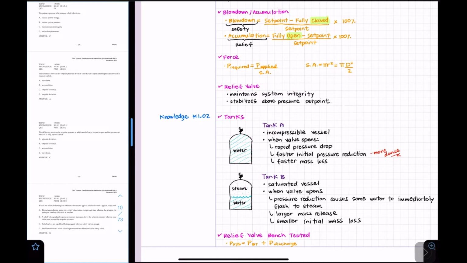What do we need to know for the GFEs? For tank B, when the valve opens, there's going to be a pressure reduction that is going to cause some of the water to immediately flash to steam. And we can see it with an Instapot.